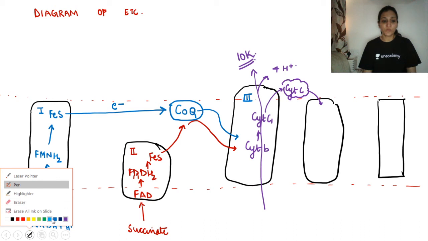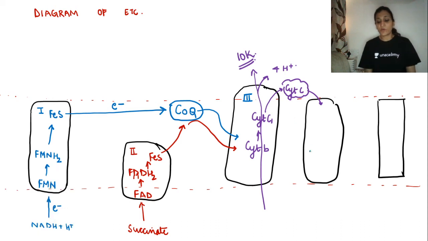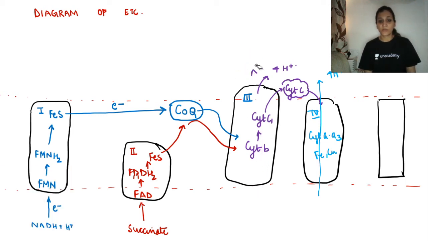The fourth complex is made up of iron, copper, cytochrome A, A3 complex. And in this case again there will be addition of 4 hydrogen ions.